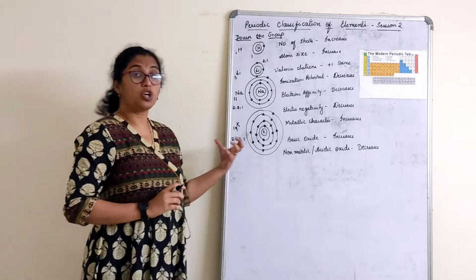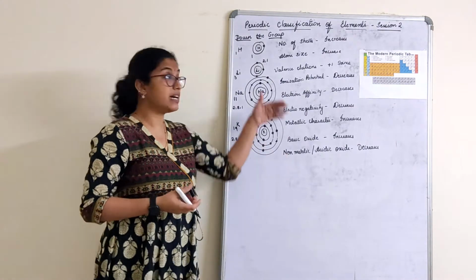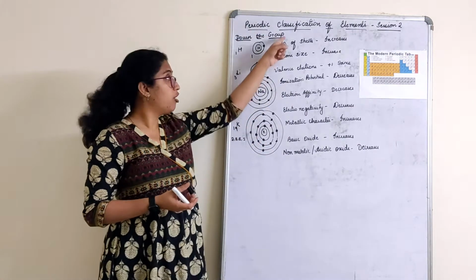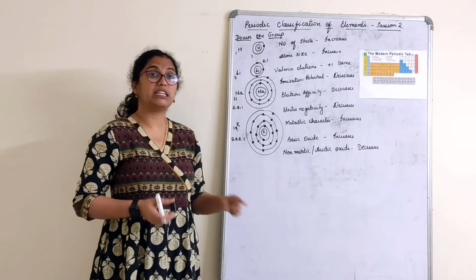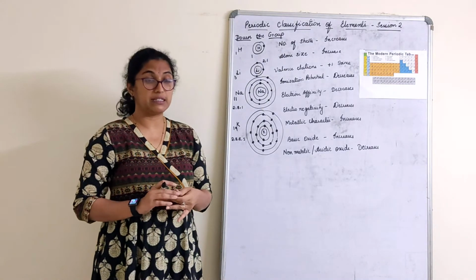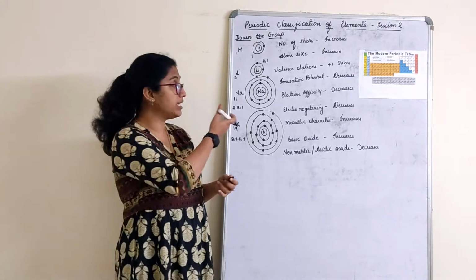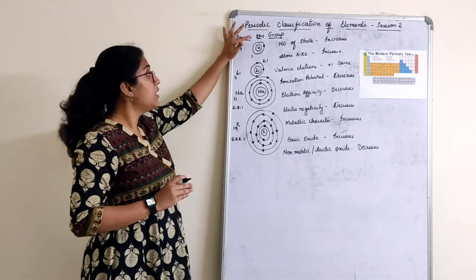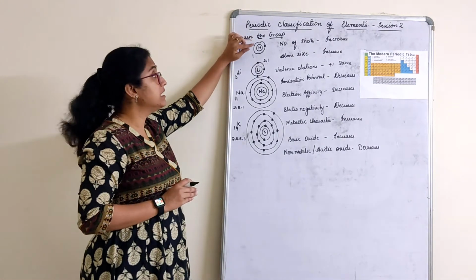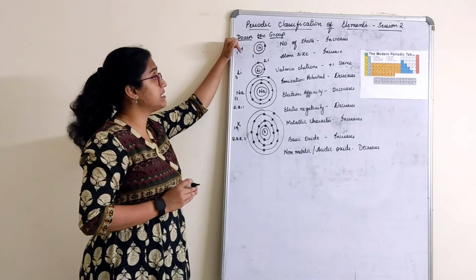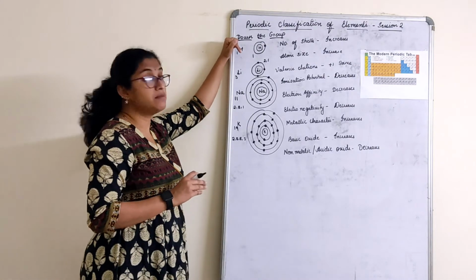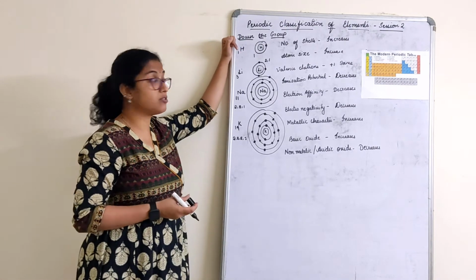Now, based on this configuration, let us understand a few terms. All these terms I have written here can be asked as give reasons. What are the things I have written here? Number of shells, atomic size or atom size. Atom size is sometimes known as atom radius also.